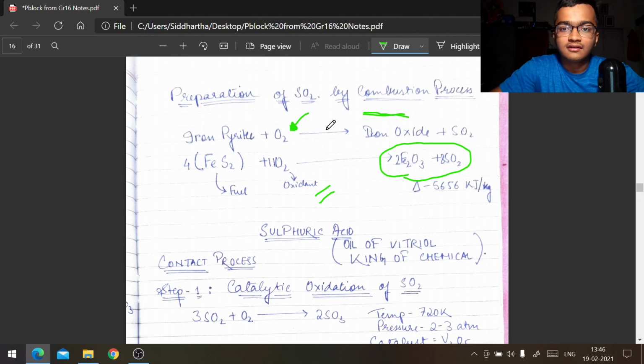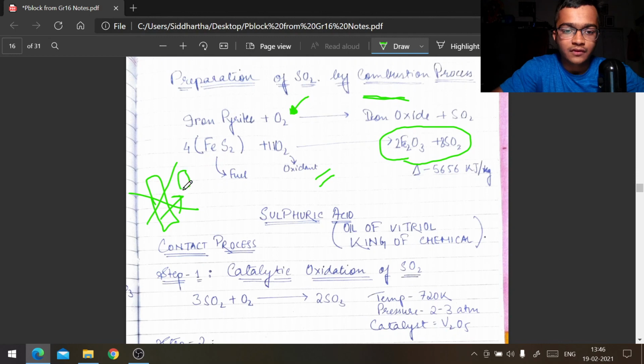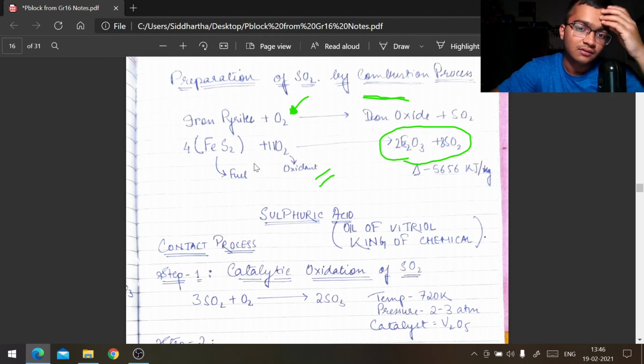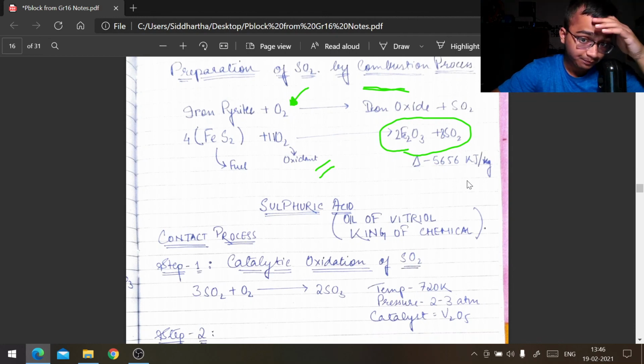That is why fire extinguishers are labelled CO2: being heavy, CO2 cuts down the presence of O2, and in this way the fire is reduced. This is slightly out of topic. Coming back, when you take FeS2 as a fuel and O2 as an oxidant in the combustion process, you obtain Fe2O3 plus SO2, and 556 kilojoules per kg of energy is obtained.